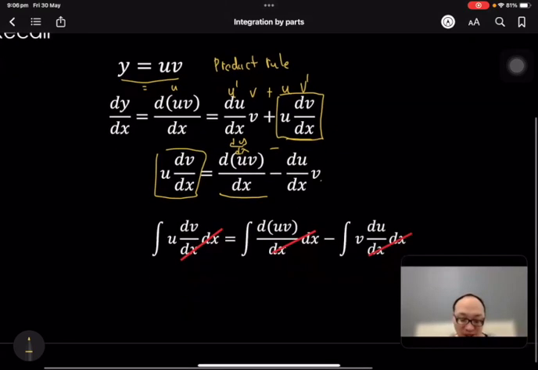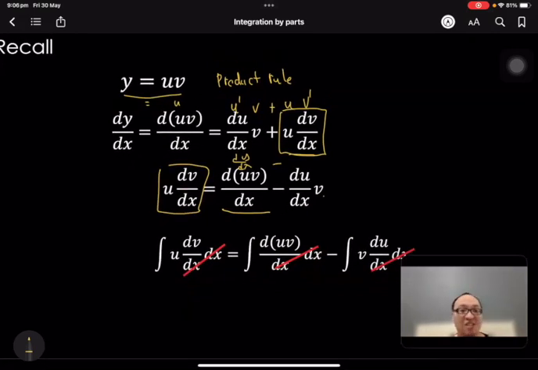And then I integrate both sides with respect to x. So everything I integrate with respect to x. So we can simplify into integral u dv equals integral d(uv) minus integral v du.